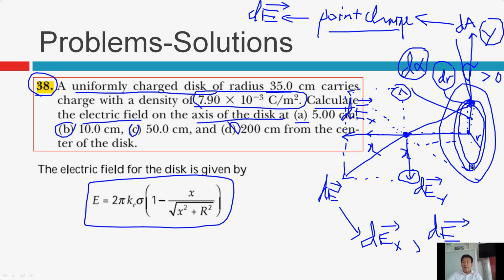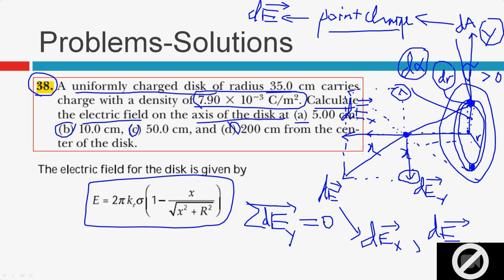It means that you can find the point at the same position, but it gives the opposite electric field in the y direction. It means that if you move the A around the ring, you will have the total force in the y direction equal to 0. Need to equal 0, right?